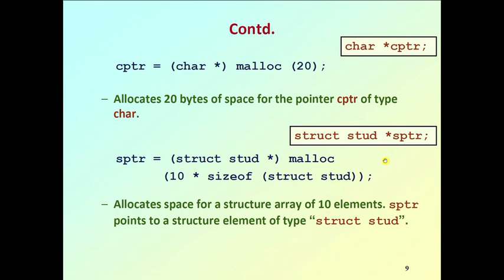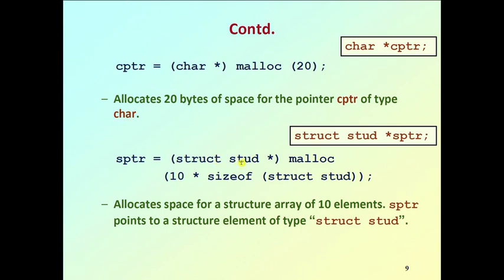See, sptr is a pointer of type student, where student is a structure. So, sptr equal to (struct stud *). Struct stud *, this is my data type, a structure, and this is actually the student type of structure.